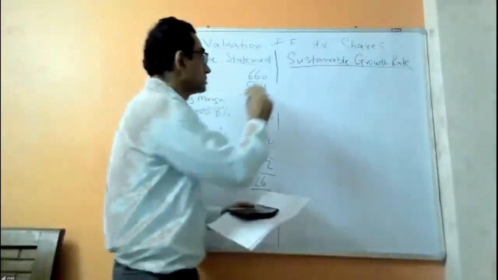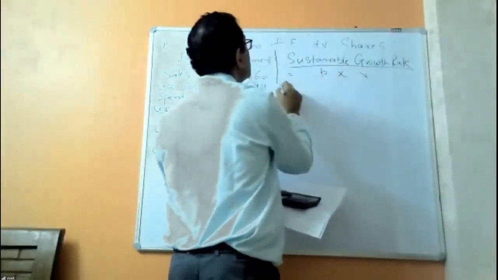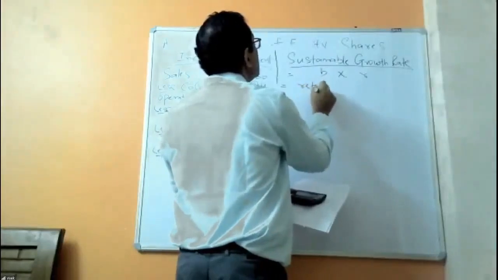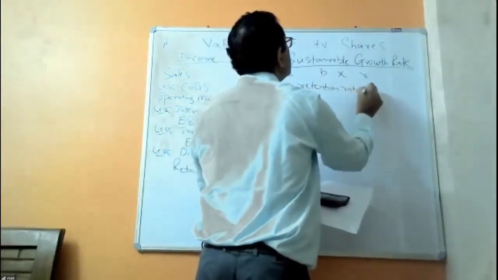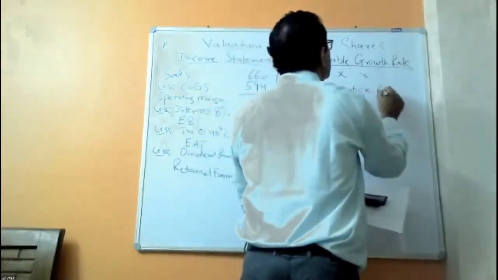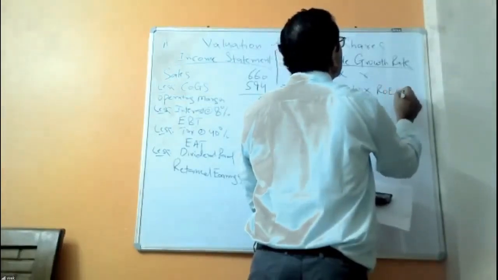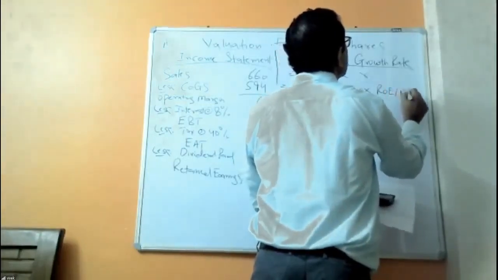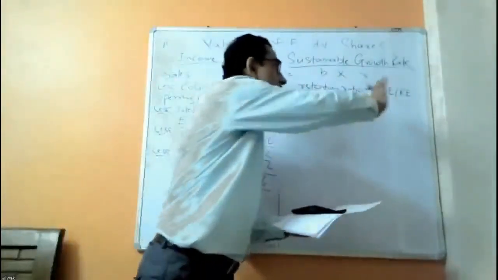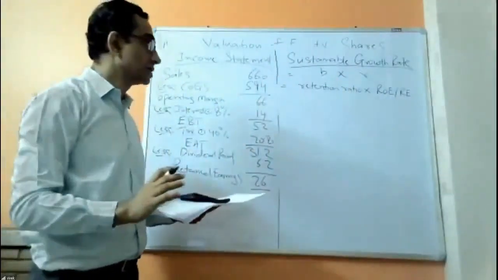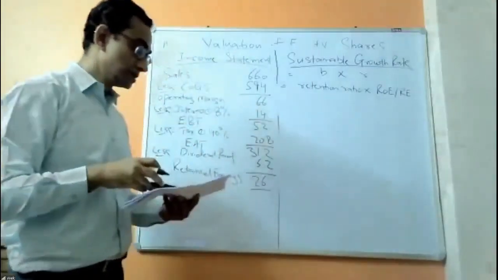B into R, that is retention ratio multiplied by return on equity or return on retained earnings. We explained how return on equity and return on retained earnings can be used interchangeably. So, retention ratio into return on equity.